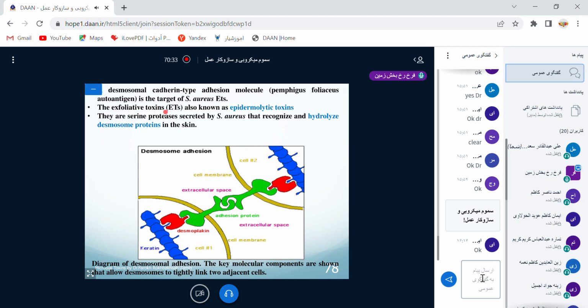The exfoliative toxin, also known as epidermolytic toxin, wants to lyse the epidermis by breaking the bond, the connection between epidermal cells. It is a certain protease, because these are proteins. This toxin is a protease that wants to break proteins.